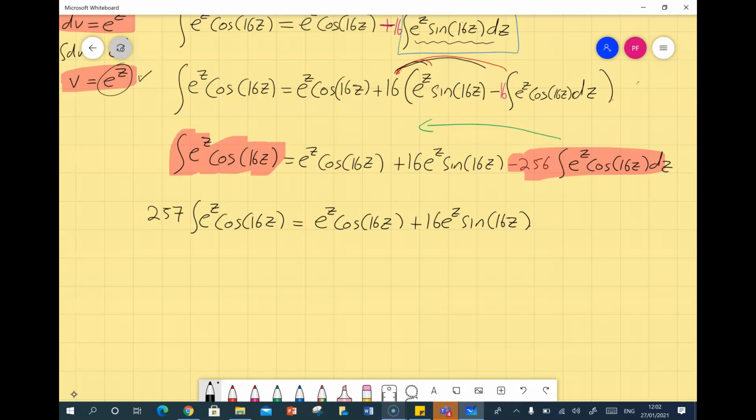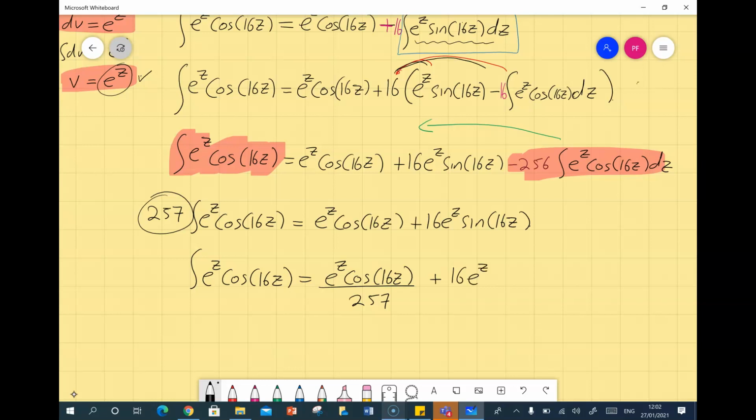Okay, so finally, to get my integral of e to the power of z cos 16z, I bring my 257, which is multiplying, over to divide. e to the power of z cos 16z over 257 plus 16 e to the power of z sine 16z over 257. Okay, so now I have this thing here integrated.